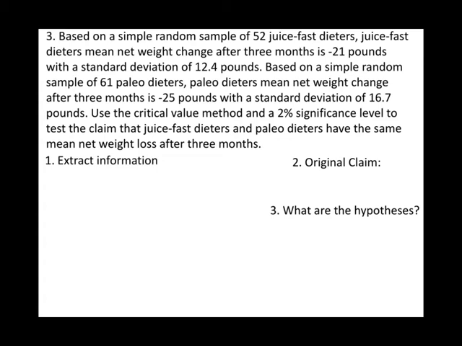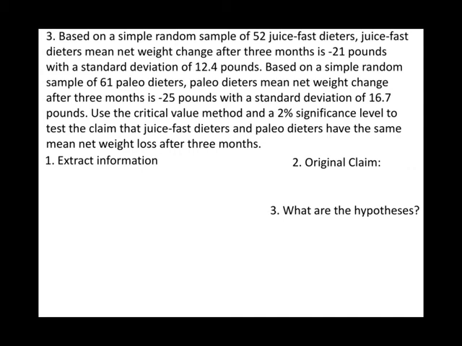Based on a simple random sample of 61 paleo dieters, paleo dieters' mean net weight change after 3 months is negative 25 pounds, with a standard deviation of 16.7 pounds. Use the critical value method and a 2% significance level to test the claim that juice-fast dieters and paleo dieters have the same mean net weight loss after 3 months.